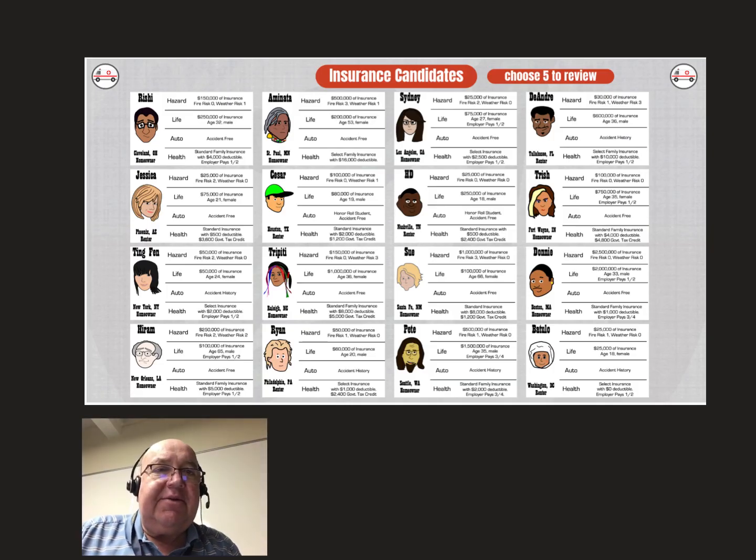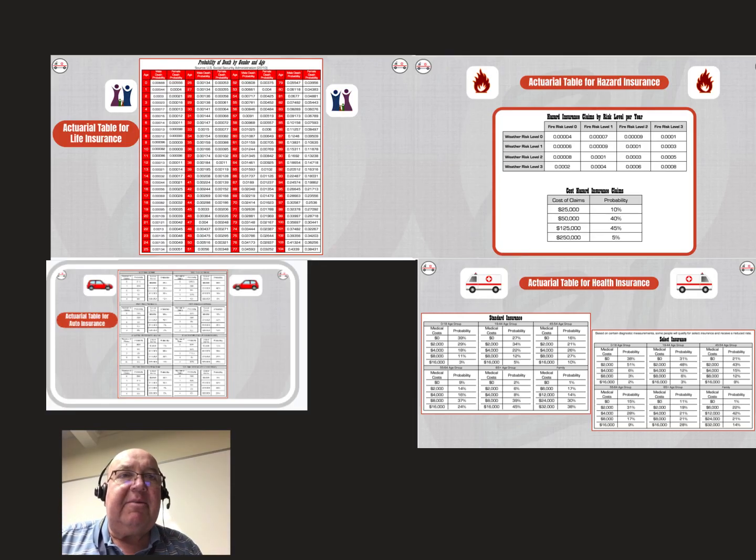Here are the individuals to choose from, each having some different information about what their hazard insurance is, different life and different auto. And then you're going to have to look at actual probability tables, find out what the probabilities of those things are. So you have an actuarial table for life insurance, one for hazard insurance, and one for auto insurance.